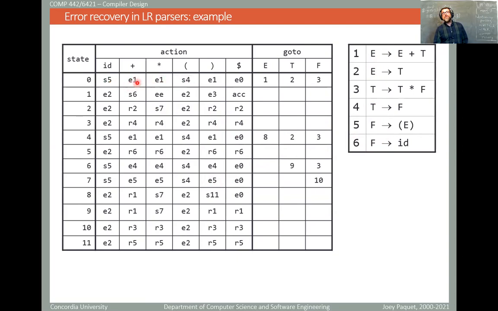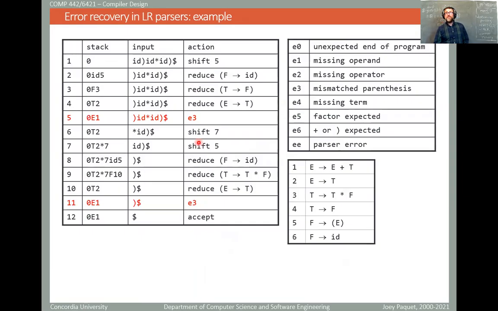Anywhere there was an empty cell, I put error 1, 2, 3, 4, 5, 6, I believe. So these ones here. There may also be some errors which are actually parser errors, which are essentially impossible to peek into.